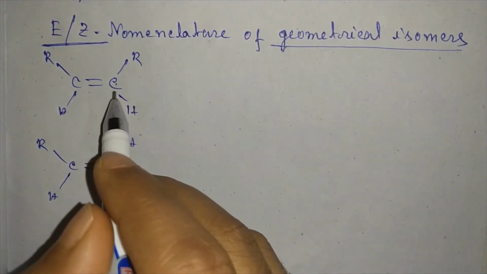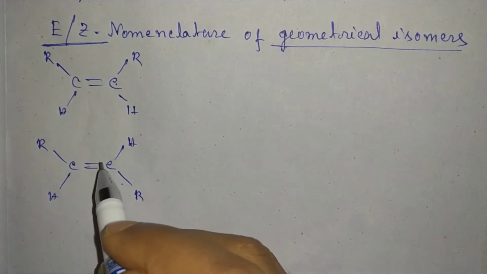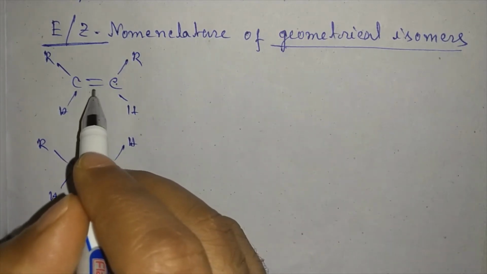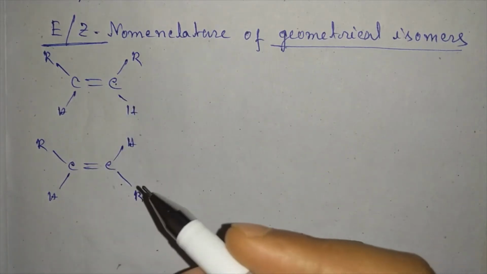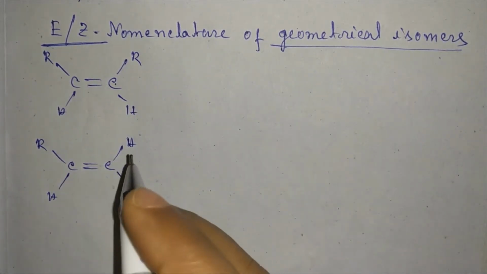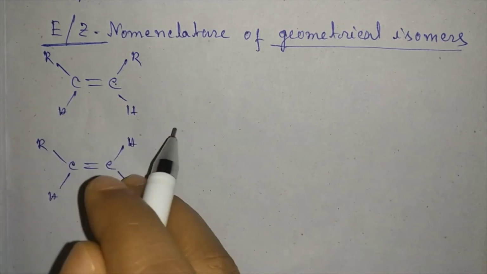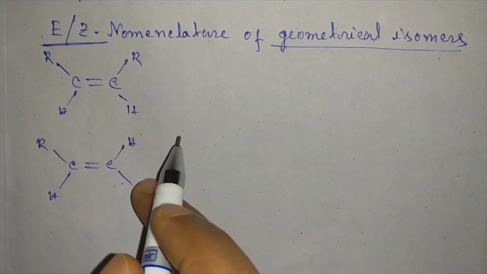This rotation is not possible because it breaks the pi bond, so the energy barrier will be very high. So these two isomers are called geometrical isomers.